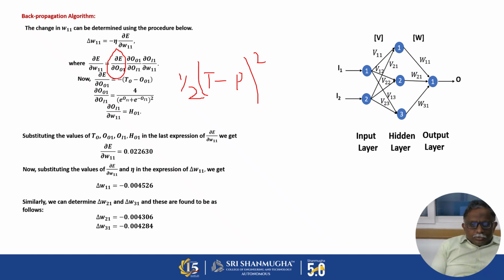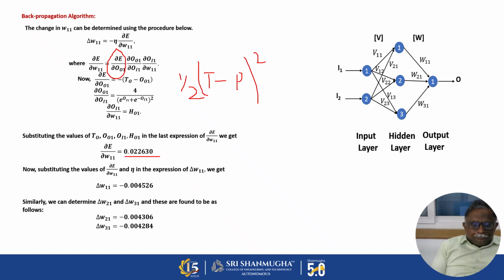So dou I1 divided by dou W11 is equal to H1. We know all these things, and if we apply them, we can find dou E by dou W11. This is the value we get.